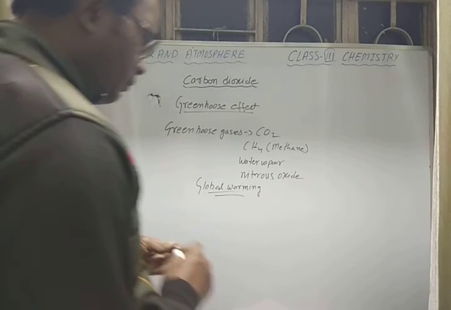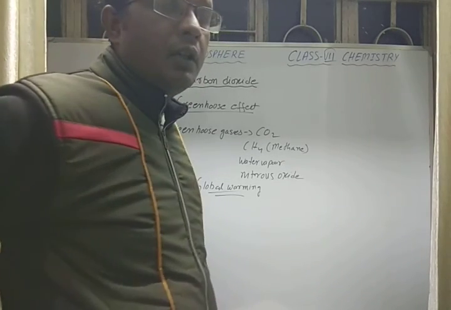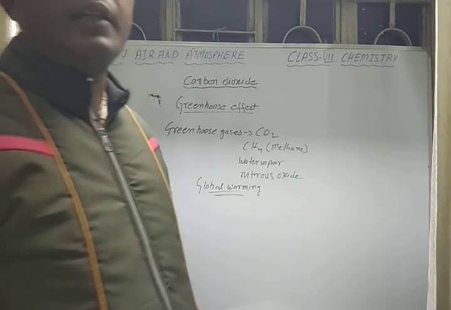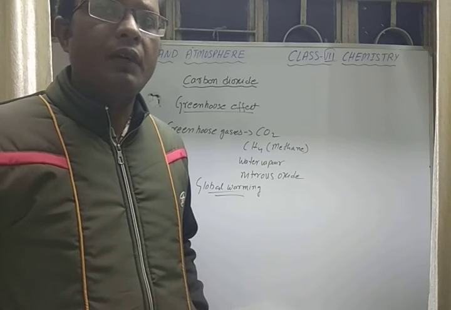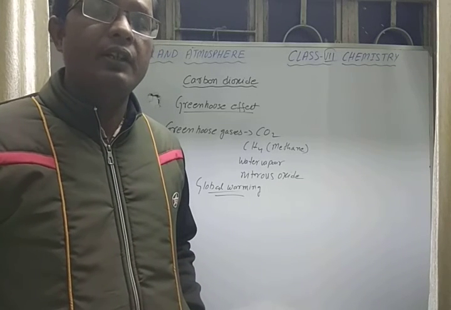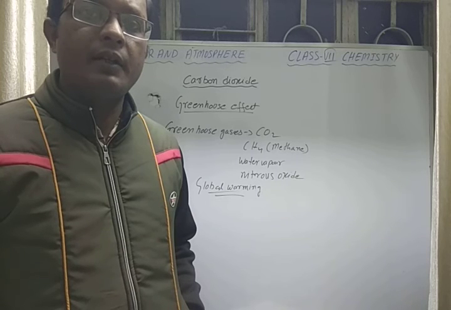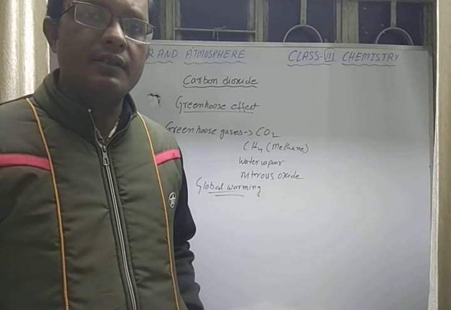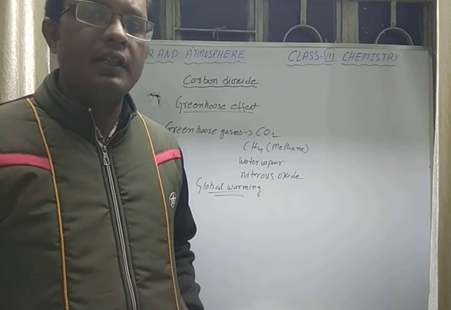Due to global warming, there are many harsh effects. Polar ice caps are getting melted, due to which the level of water in the sea also increases. It will adversely affect the coastal areas by regular floods, etc. So the total system will get disturbed.